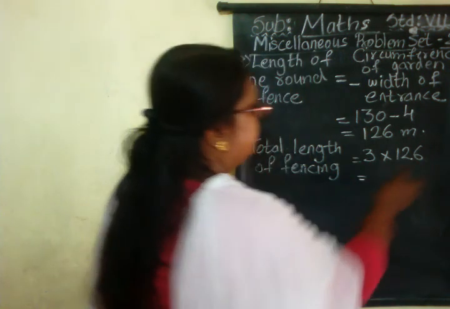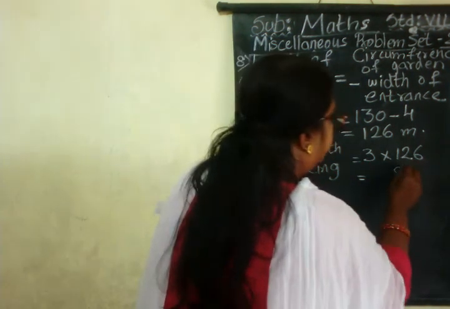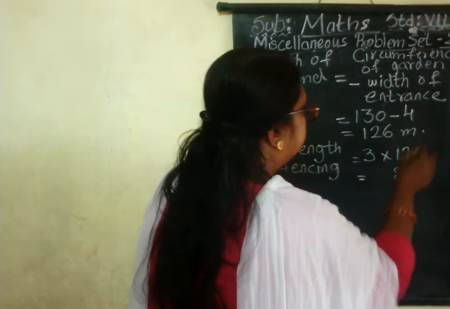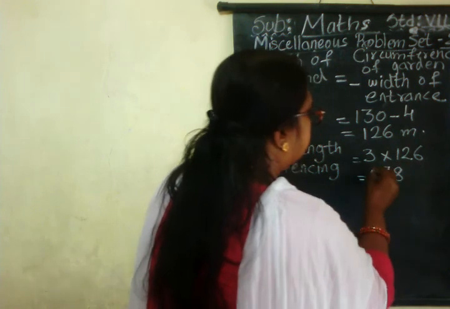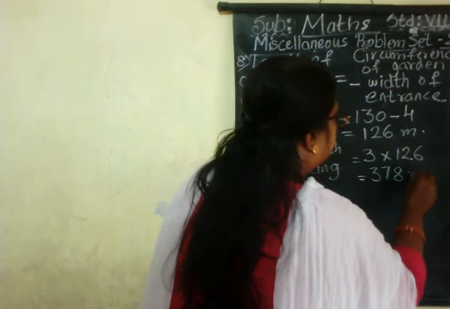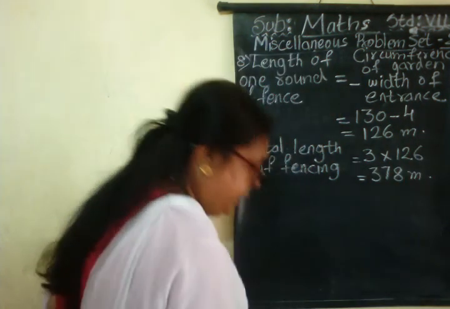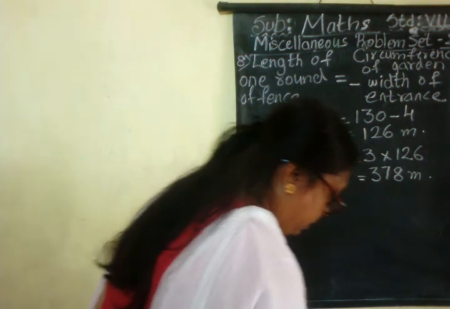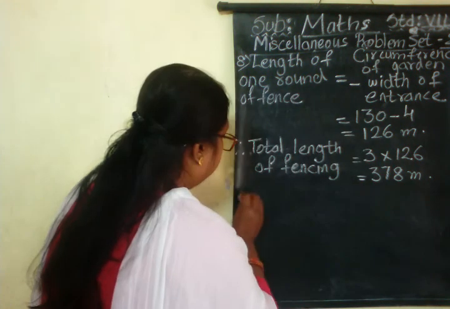Let us multiply. 6 3s are 18, 8, carry 1. 3 2s are 6 and 1 is 7. 3 1s are 3. That is 378 meters.